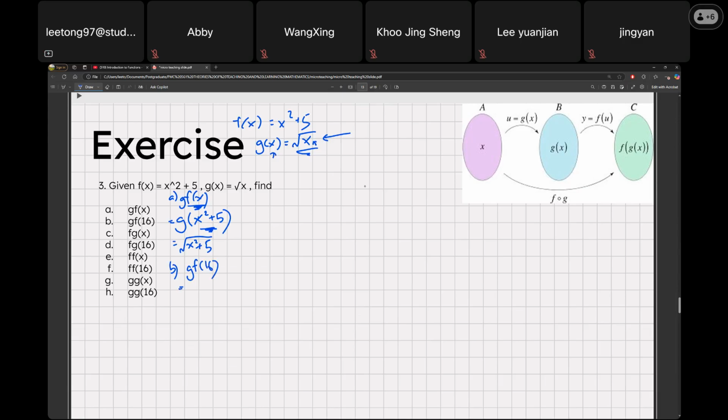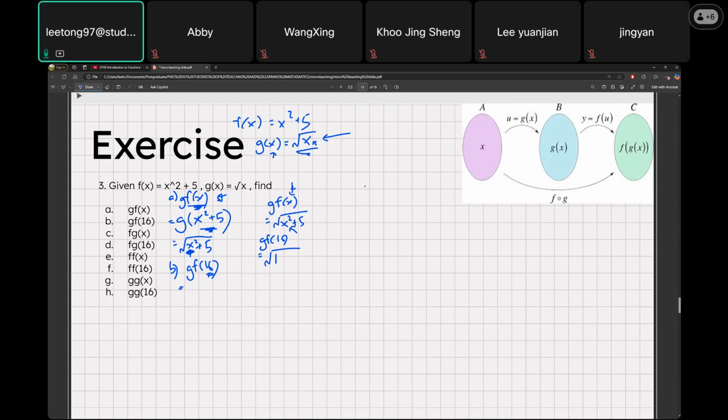What if our object is 16 in this composite function g of x? You just plug 16 in here. Since we know g of x is the square root of x squared plus 5, if our object is now 16, g of 16 will be replacing this x with 16.